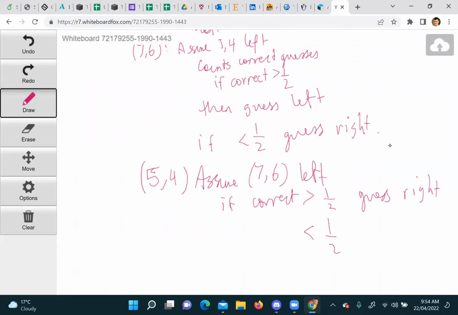If it's less than half, guess left. Wait, that's different from the 7-6. Yes, the opposite. It should be the opposite. Alright. So can you prove that this will work?